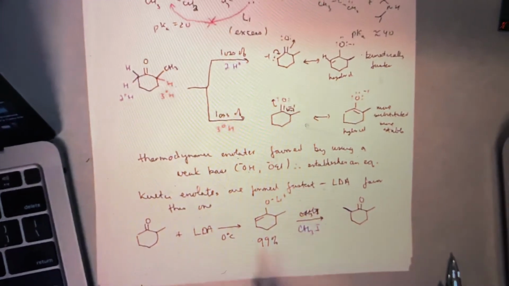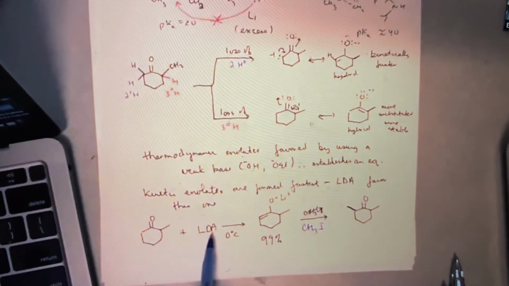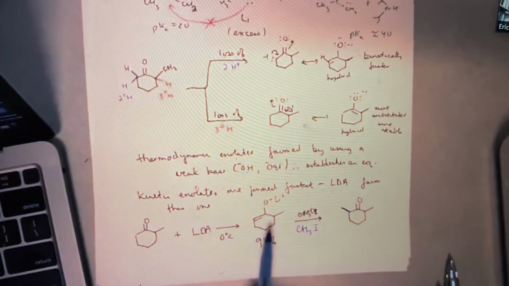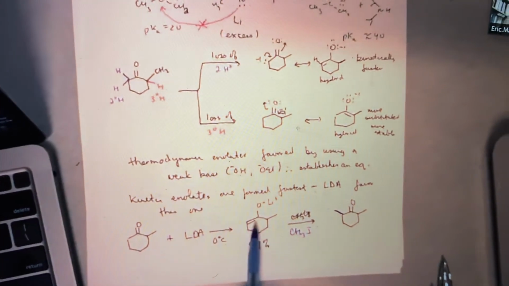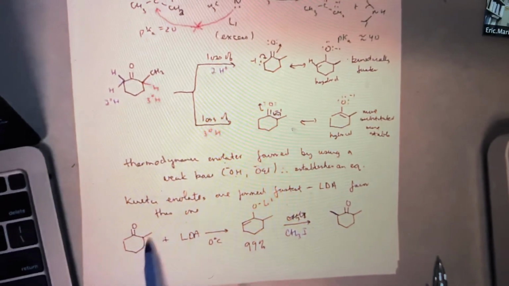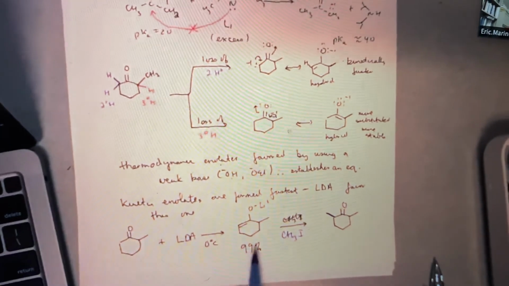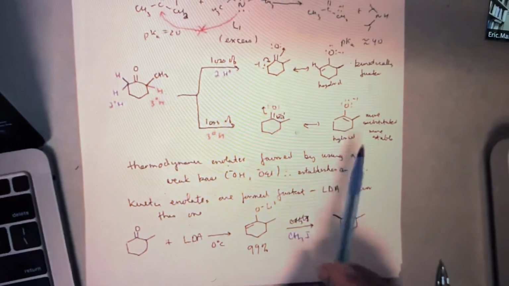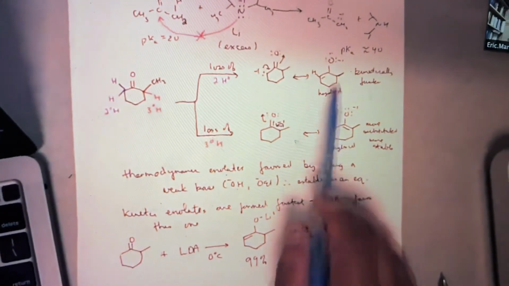Okay. So what I was saying is, let's look at the methyl ketone here with the aldehyde at 0 degrees. What the data tells us is that 99% of the enolate is the kinetic enolate, the enolate in which I abstracted the proton on the least hindered side. Do I have any formation of the thermodynamic enolate from this? Yes. I'm not showing it, but it's only 1%. So 99% is the kinetic enolate here.